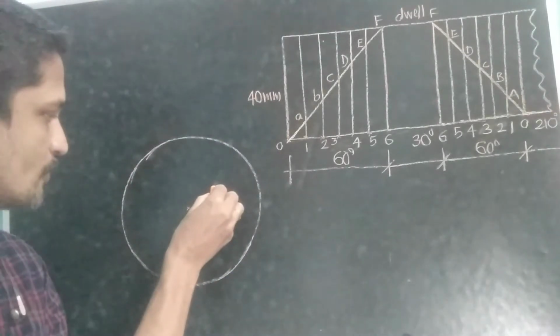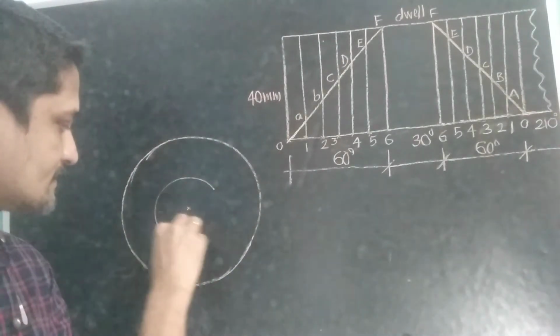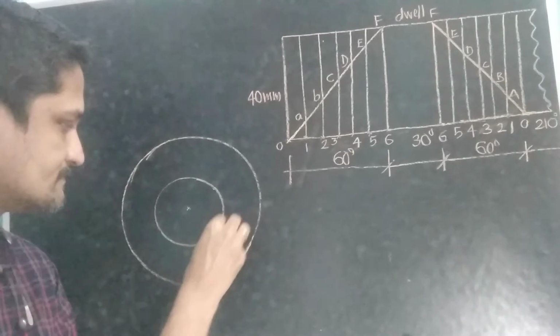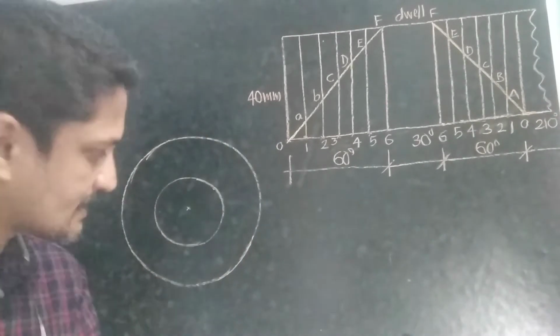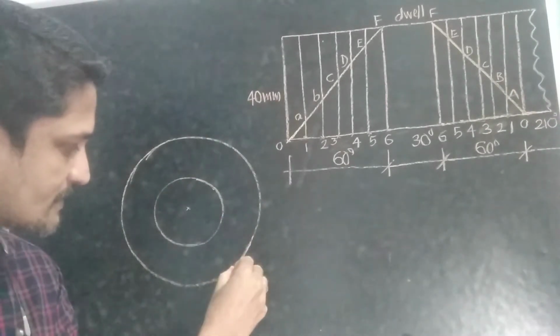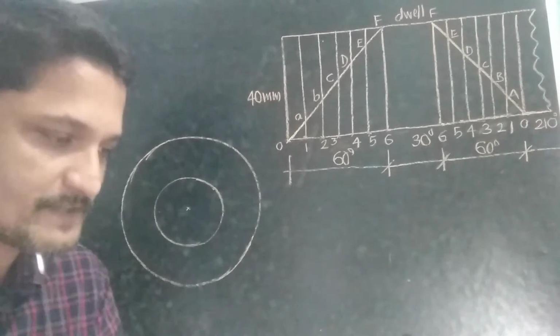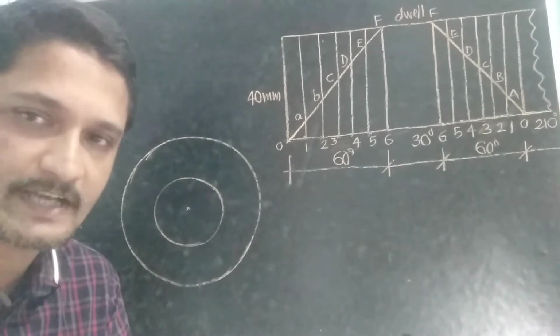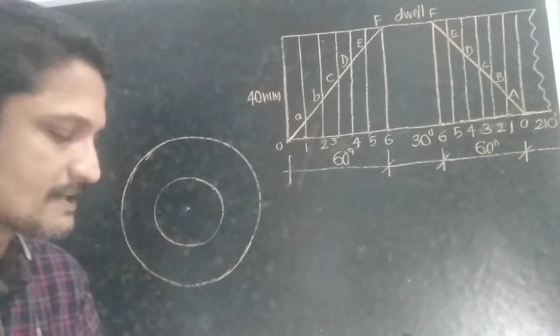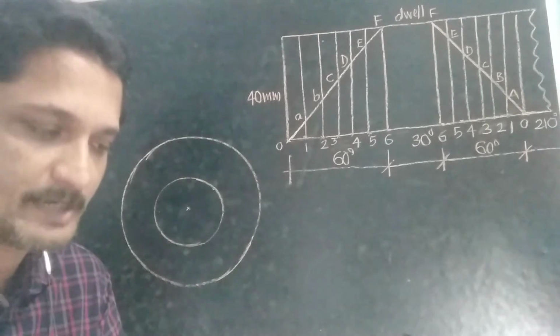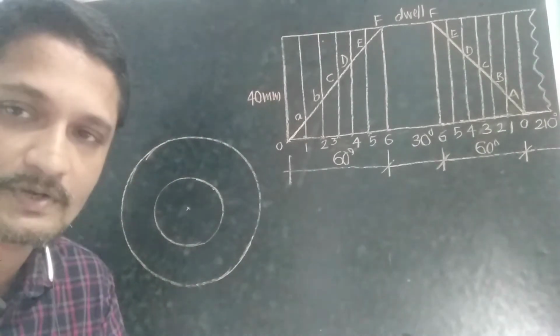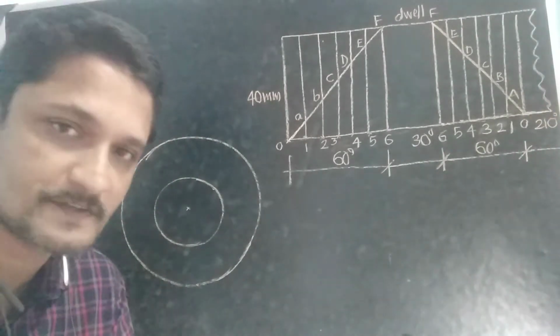This is the second step. The radius of the first circle, the outer circle, is 50 mm, the minimum radius of the cam, and the radius of the second circle is 20 mm, the radius of the offset circle.